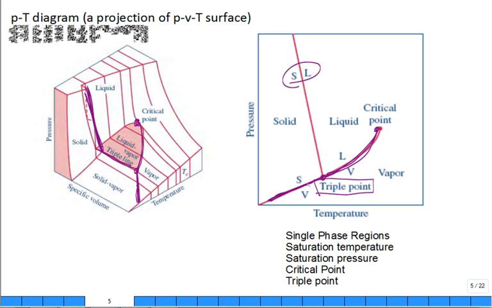So the two-phase regions on a pressure-temperature diagram, a PT diagram, are lines. What anchors it? The triple point right in the middle, right there. And then scooting up is to the critical point.